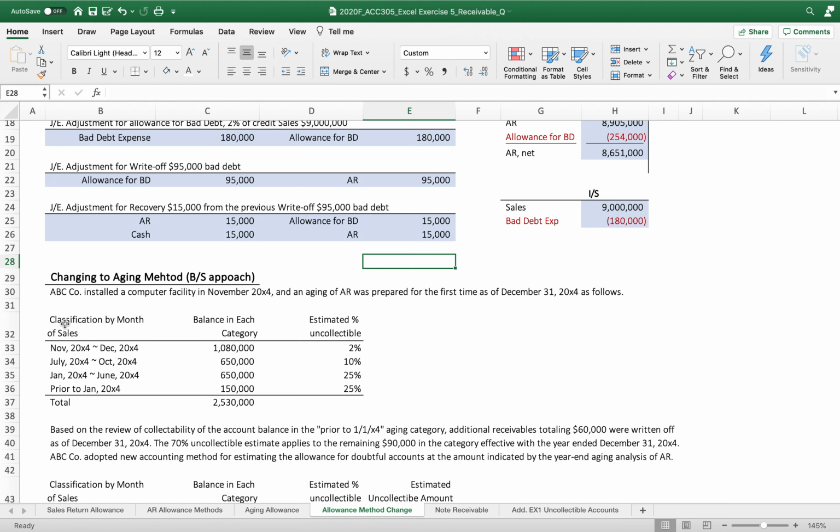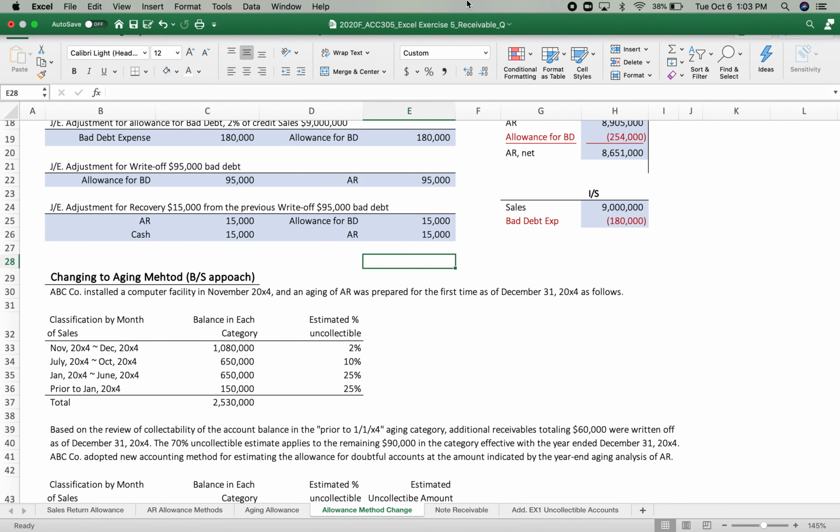Now here is the classification by month of sales. We have this, and the balance in each category and estimated percentage uncollectible.